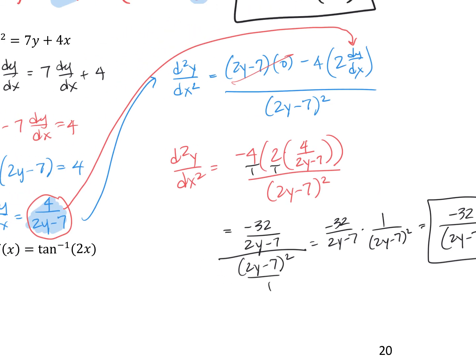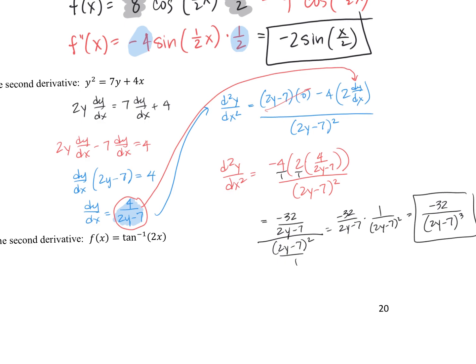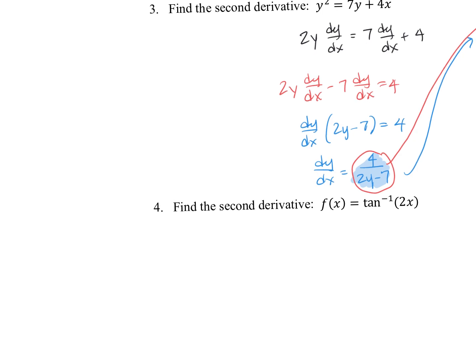Something else I wanted to point out. Is anyone back at this step thinking, I know Biscuit likes the quotient rule. Just kidding, Biscuit. Could we have rewritten this to do it a different way? Probably. Again, you don't need to write this down. Could I have said my derivative is 4 times 2y minus 7 to the negative 1?